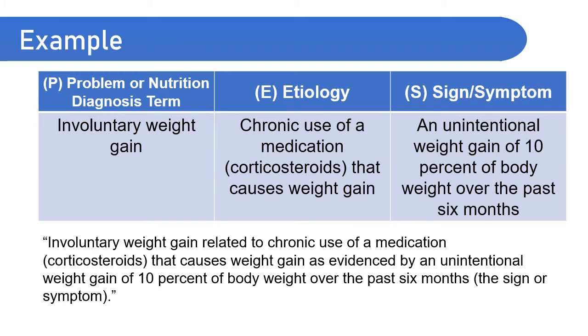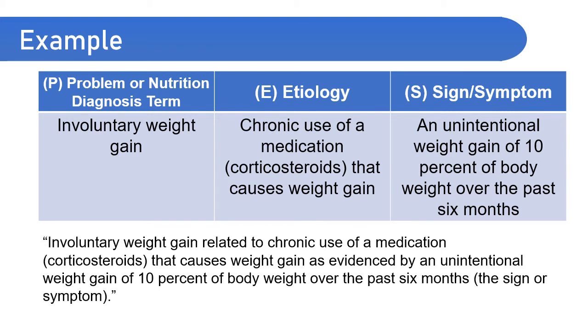This is one example of how we mention specifically the problem or nutrition diagnosis term in the nutrition diagnosis. For example, involuntary weight gain, related to chronic use of a medication, which is corticosteroid, that causes weight gain, and as evidenced by unintentional weight gain of 10% of body weight over the past 6 months.